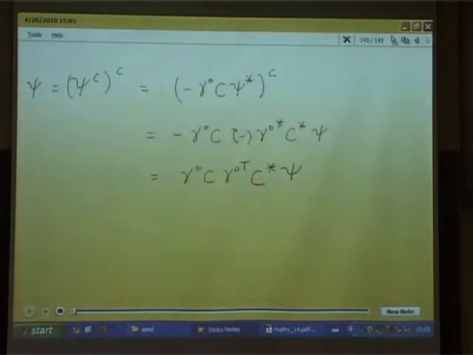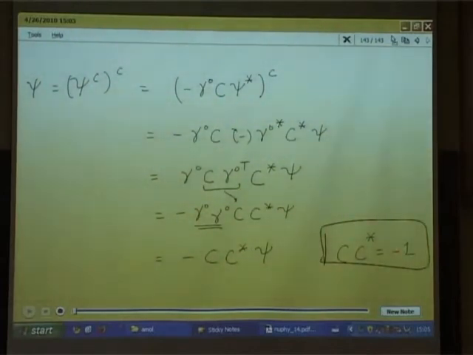But now we know that C times gamma 0 transpose will be gamma 0 times C, with the minus sign. Minus. This will become gamma 0 C star times psi. This is 1. So this is equal to minus C star times psi. Therefore C star should be equal to minus 1.